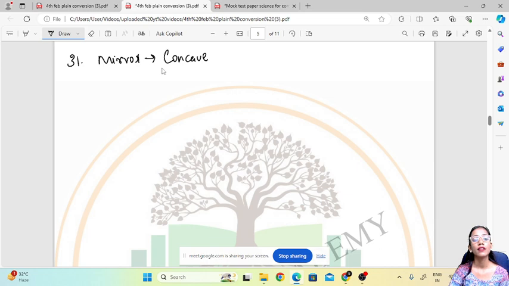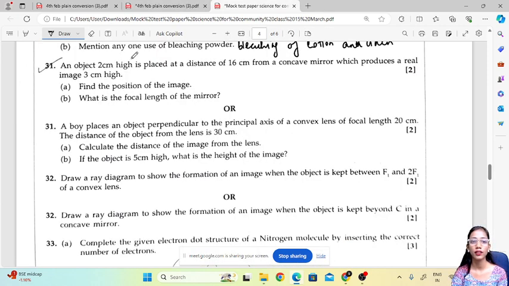Okay, then I'll write all the values which they have given: u, v, f, then h and h dash. u is the object distance. What is given over there?